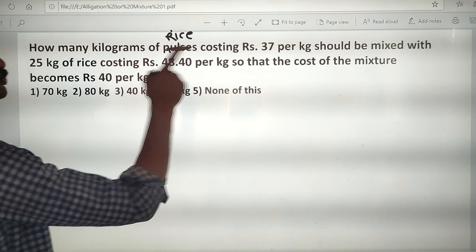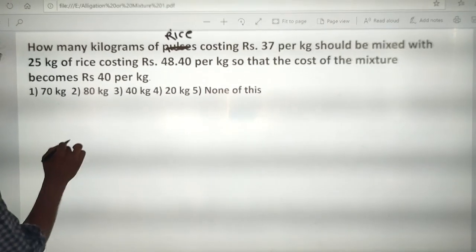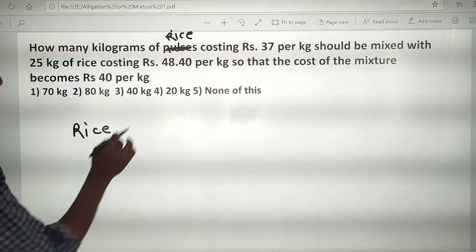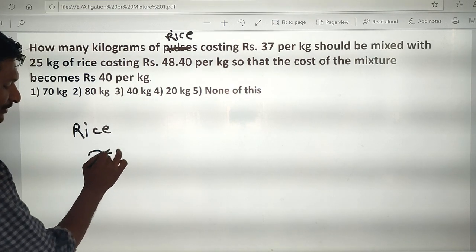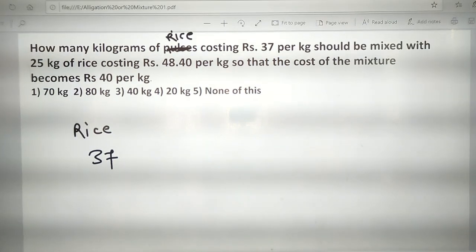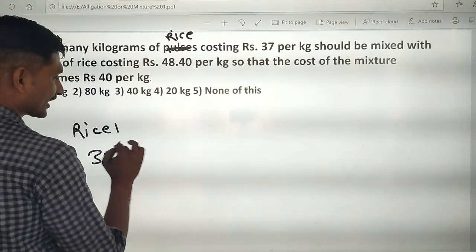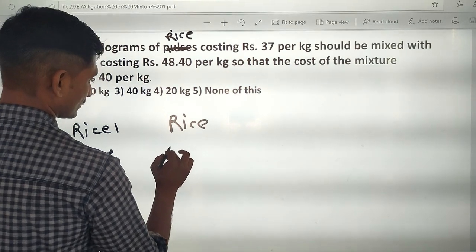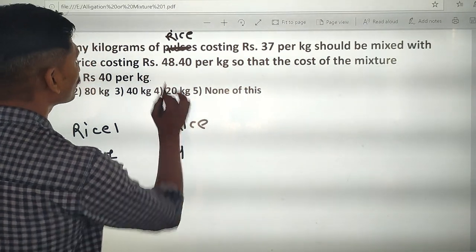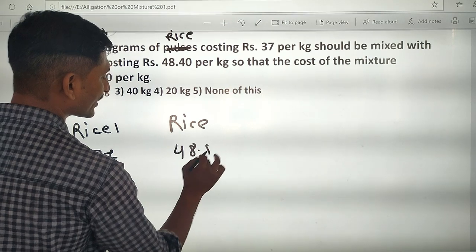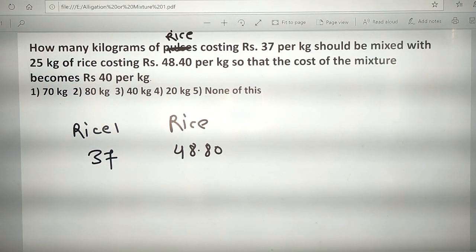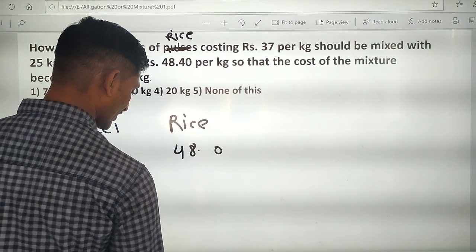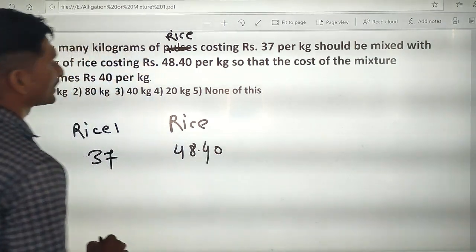Here we write two quantities of rice. Rice 1 is costing 37 rupees per kg, and rice 2 cost is 48.40 rupees per kg.